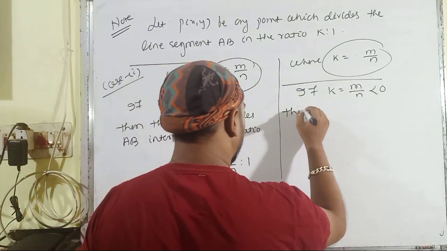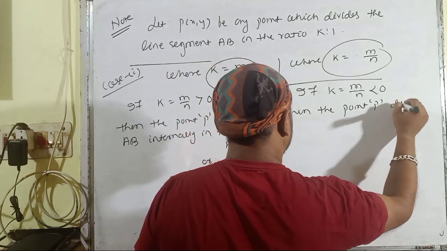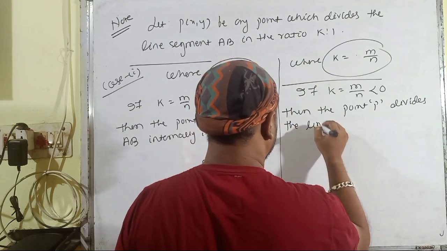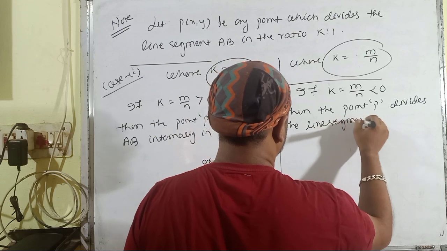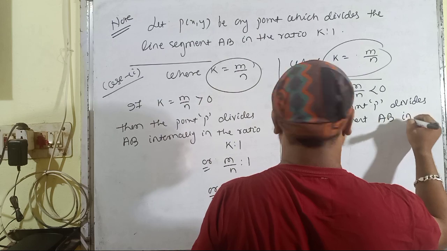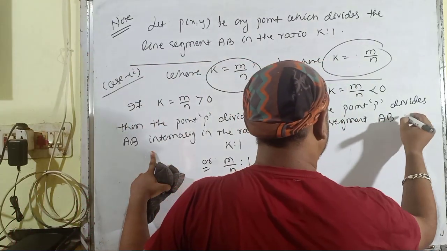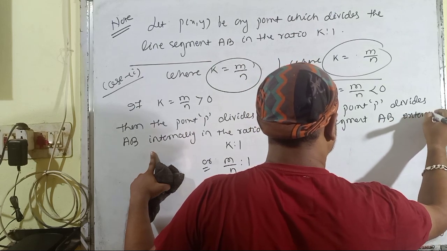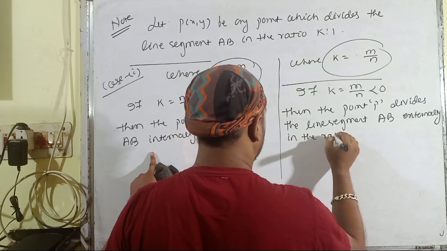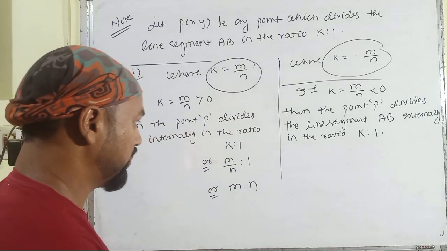If k is equal to m upon n less than 0, that means it contains a negative value, then the point P divides the line segment AB externally in the ratio k is to 1.